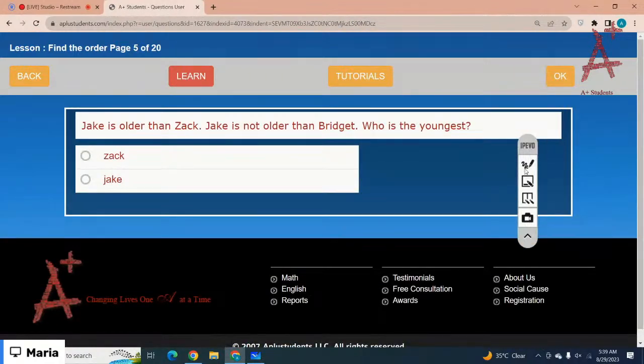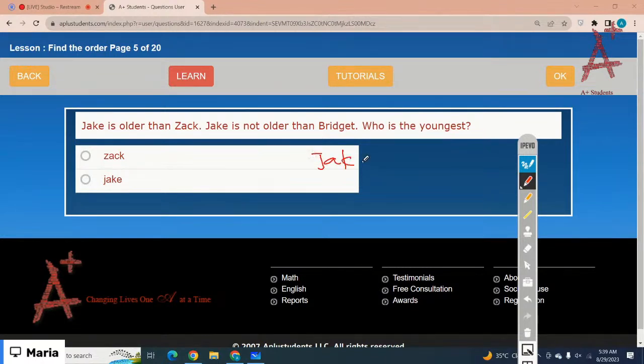Jake is older than Zach. Okay, Jake is older, Zach is younger. Jake is not older than Bridget. Jake is not older. That means Bridget is the older. If Jake is not older, that means then Bridget is older, right?